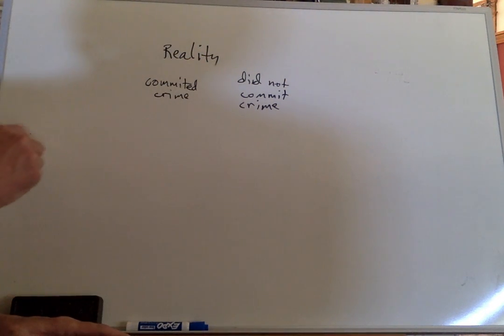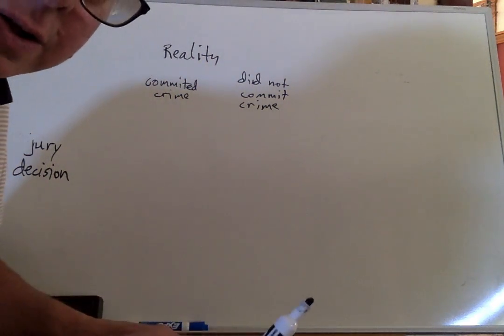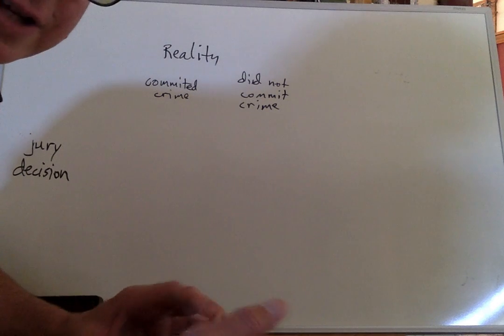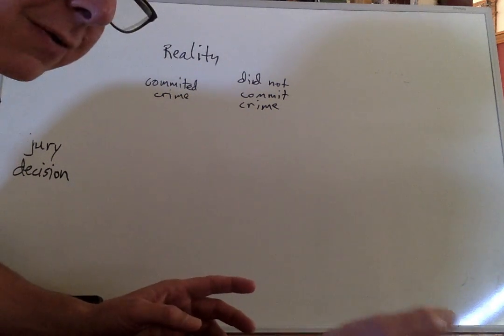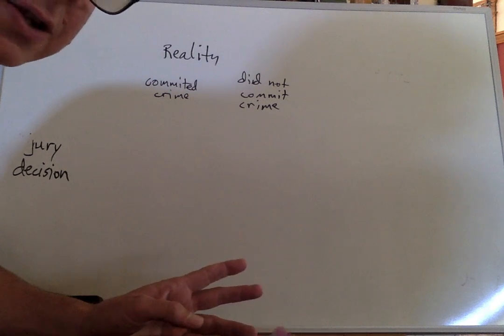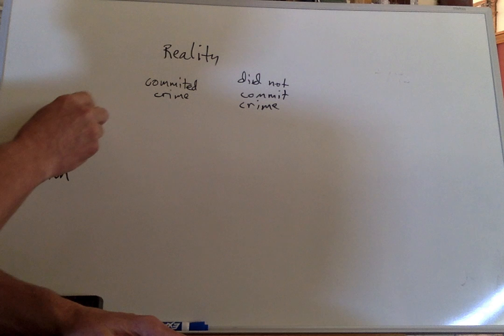And of course, then what we have is a jury, and the jury makes a decision based on data. It's called evidence, right? That's information. Data is information. It's evidence in a court of law, right? And so the jury will say the person committed the crime.